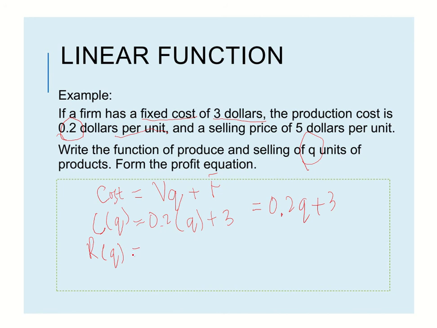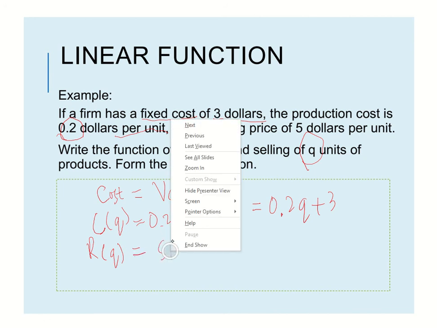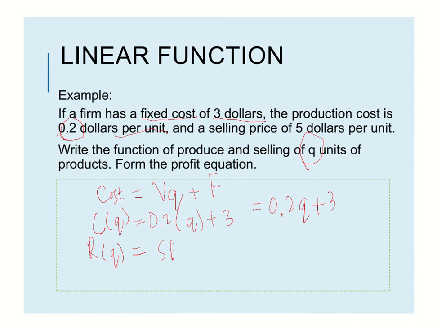So the revenue will be the $5 selling price multiplied by the quantity, so it will be $5 multiplied by Q. The Q is always changing. Every day the quantity of the sales is different.